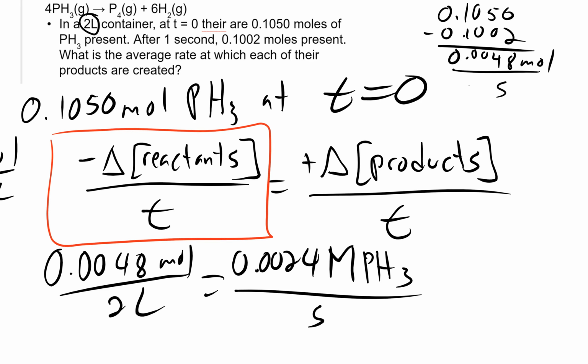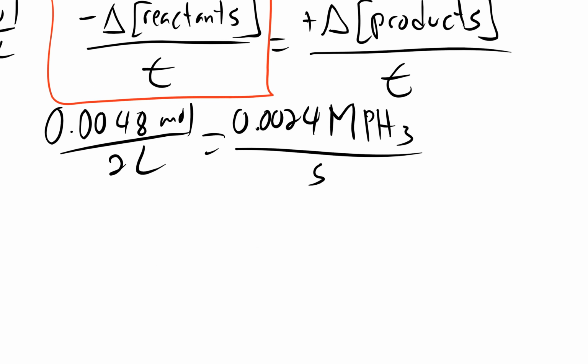Because I know that negative means loss and positive means gain. So I could say for every second, 0.0024 molar PH3 disappears. And I can take that rate and convert it into products.